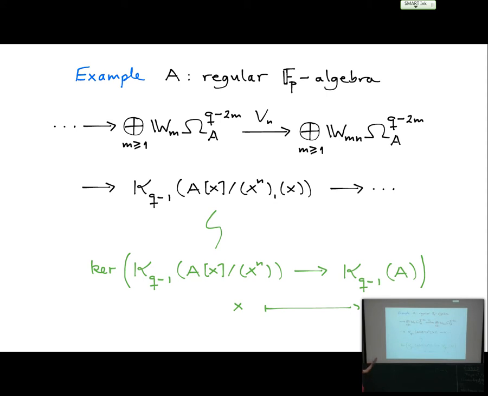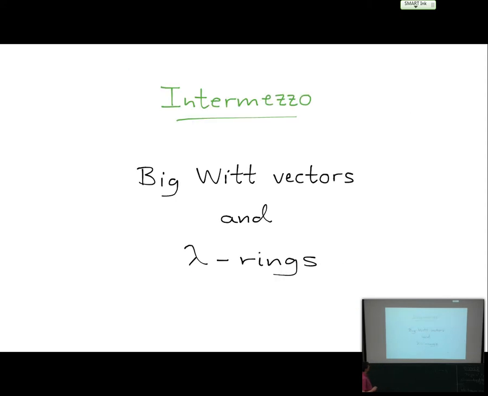And these K groups sit in a long exact sequence where the other terms are made out of these big de Rham-Witt groups that I will now proceed to introduce.